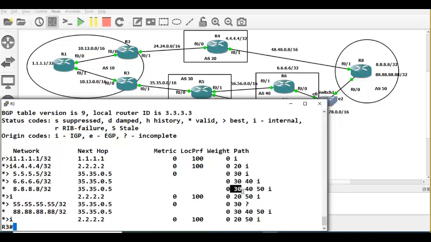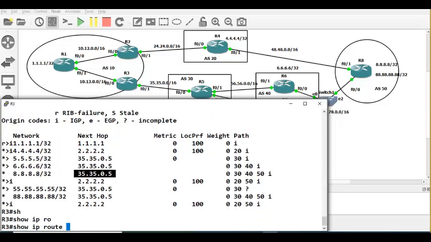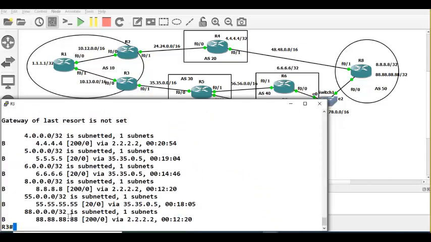The reason is more hops. Even though it is there in the BGP table, router 3 is not going to install this in the routing table. You see? Show IP route BGP. If it is not installed in the routing table, it cannot be advertised.